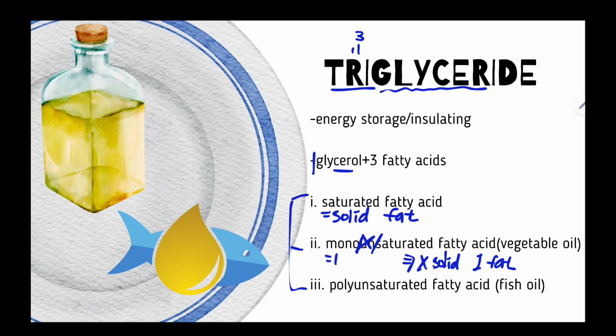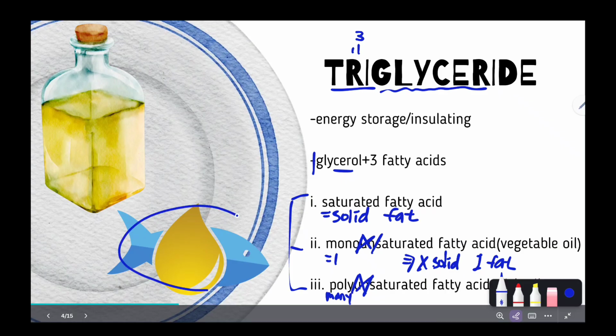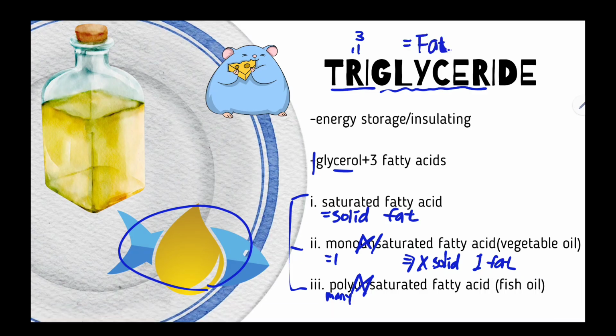And finally, there's polyunsaturated fatty acid. Poly means many, un means no, and saturated means solid, which means no solid but many fats, and they're commonly found in fish oils. Triglyceride has another nickname called fat, a fat that we know.